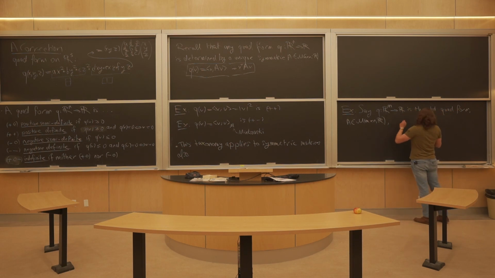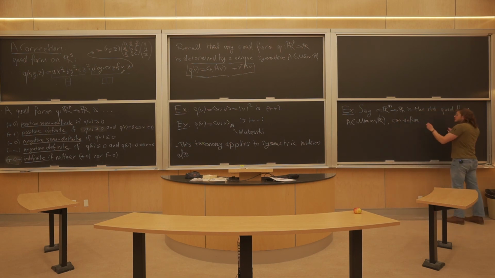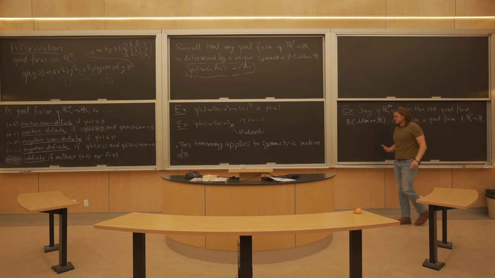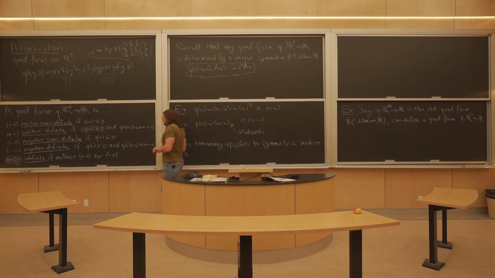So I can define a quadratic form, let's call it Q hat on Rn, by just saying this. Let me take any vector. Q hat of that vector is going to be Q of A of that vector.